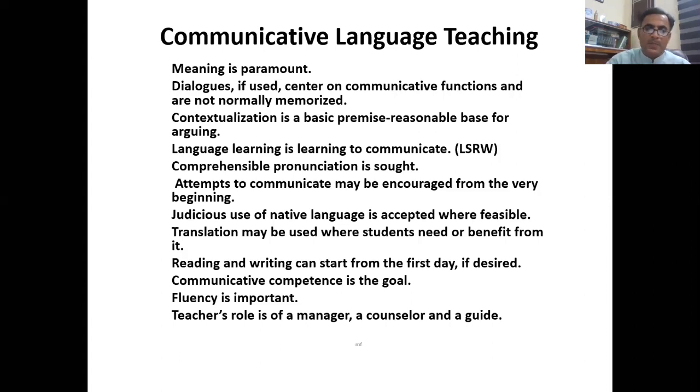Now look at this: communicative competence. All the other methods that we have discussed were more focused on linguistic competence rather than communicative competence. This was the concept given by Hymes, and his concept was that language teaching or language learning centers around two levels of competence.